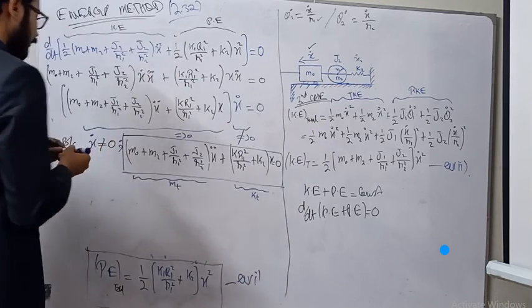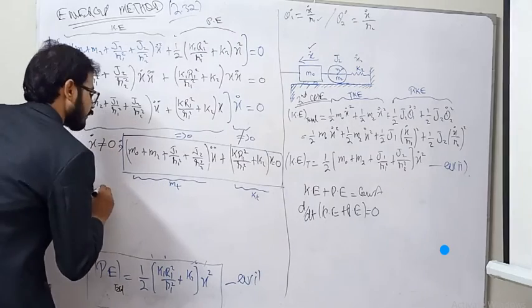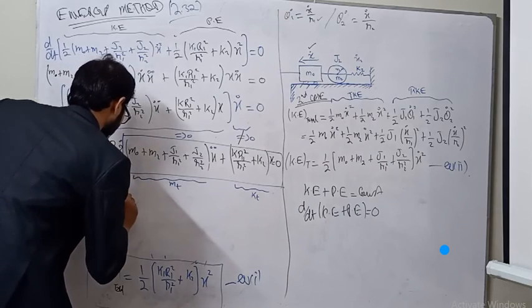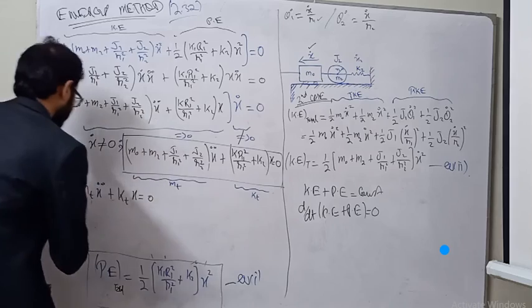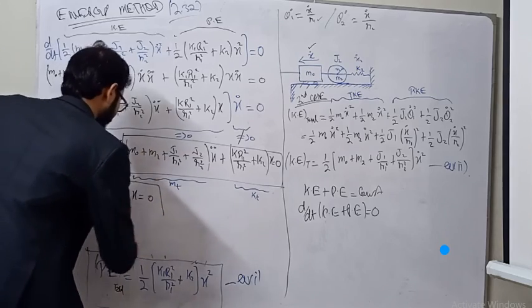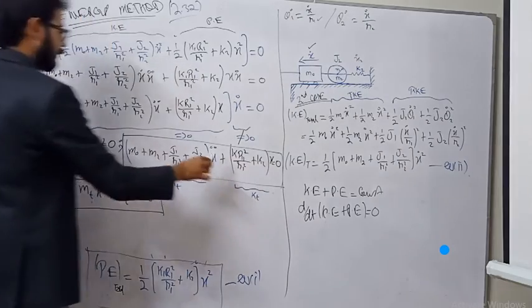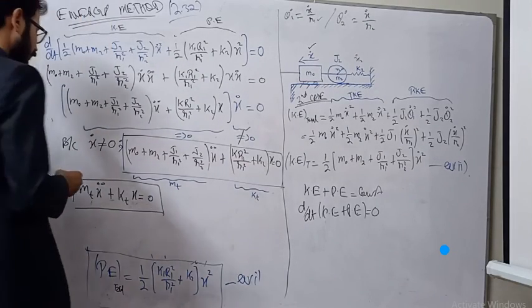So we have the equation mt x double dot plus kt into x is equal to 0. I have replaced this whole thing with mt and this with kt, so now it is easy to solve this equation of motion.